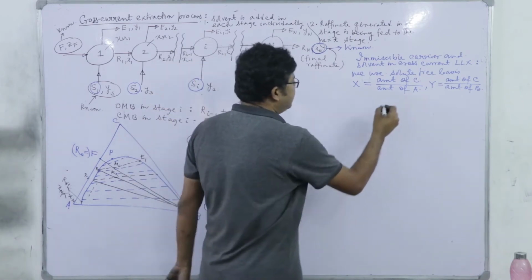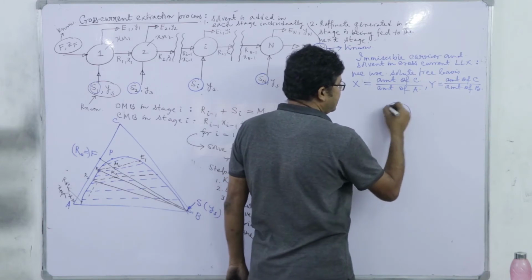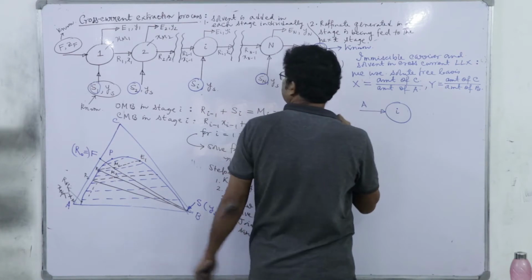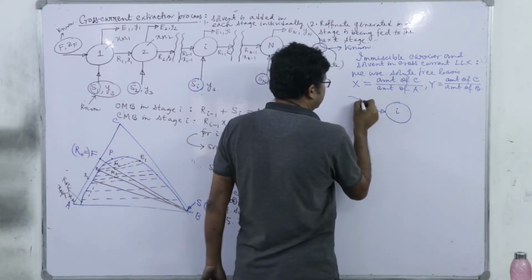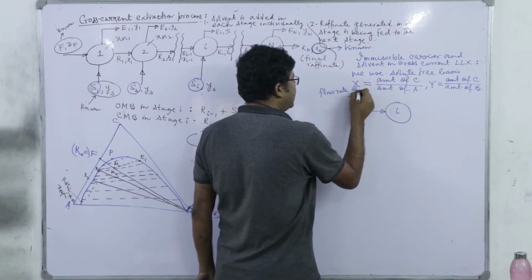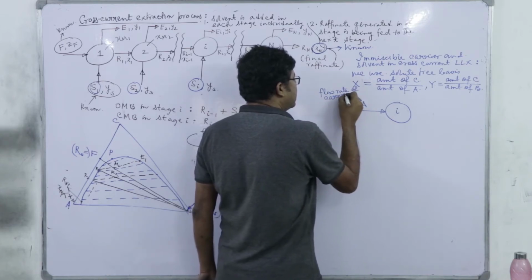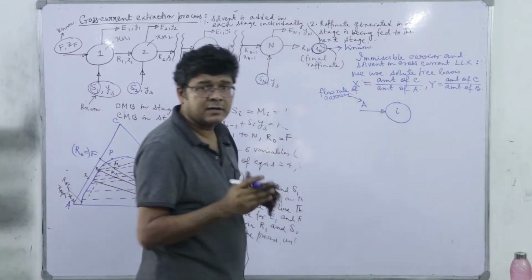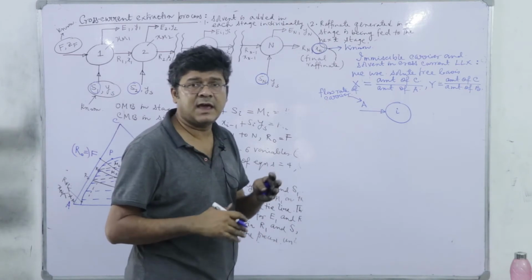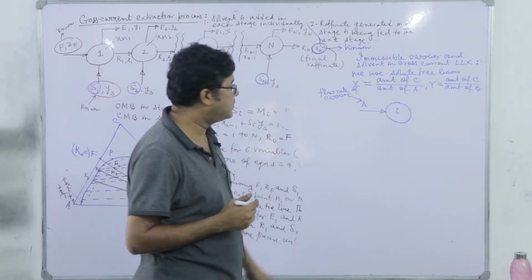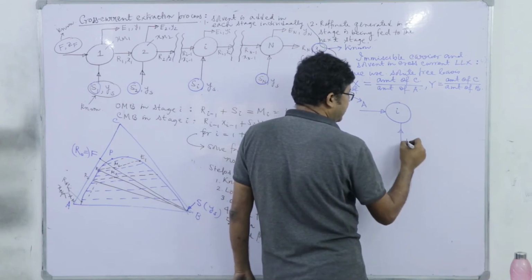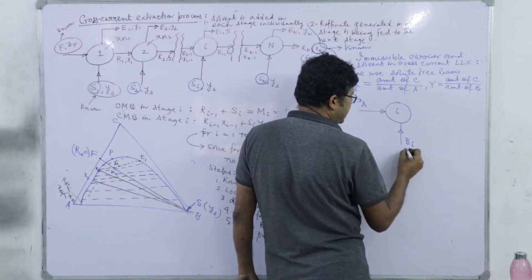So if I again draw this stage I, here I have A, because A remains same, right? A is what? Flow rate of carrier, only carrier. Now the carrier amount, it's not changing from one stage to another stage, because carrier and the solvent are immiscible, and in that stage we are giving Bi, right?